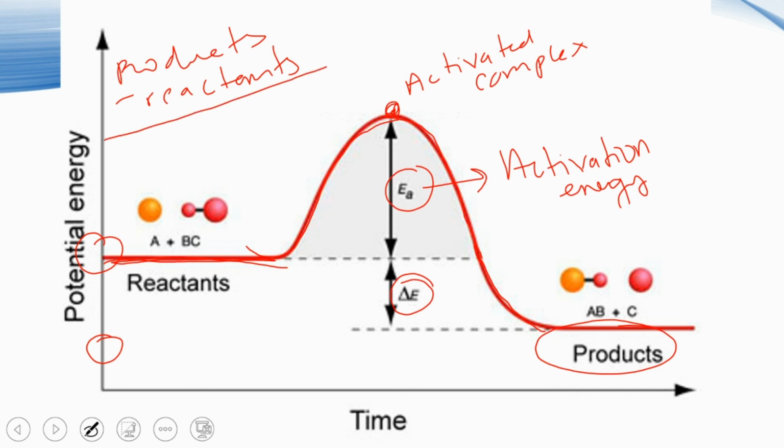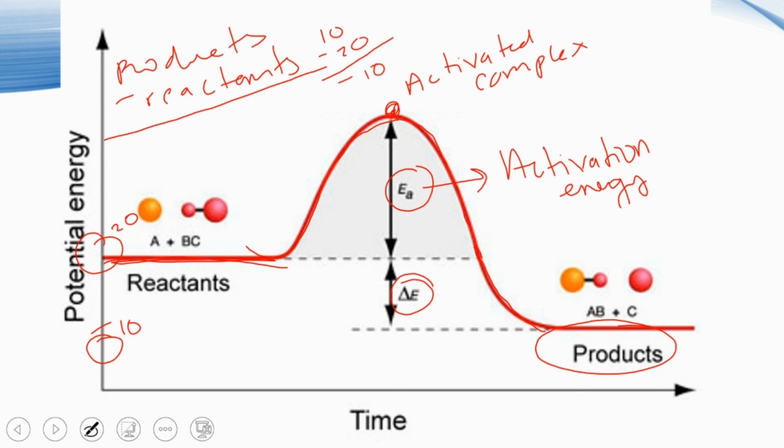Now, in this example right here on screen, I'm just going to make up numbers. Our products ended up at 10 and our reactants started at 20. Well, we would do 10 minus 20.